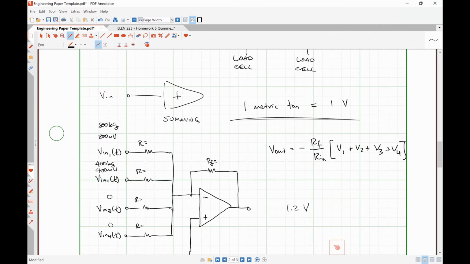So then should RF and RN be the same? Yeah, there should just be a simple 1-to-1 ratio. So we could put 1 kilo ohm here, 1 kilo ohm here, 1 kilo ohm here, etc. Simple 1-to-1 ratio. Then the only problem that we would have would be that our output signal is negative.